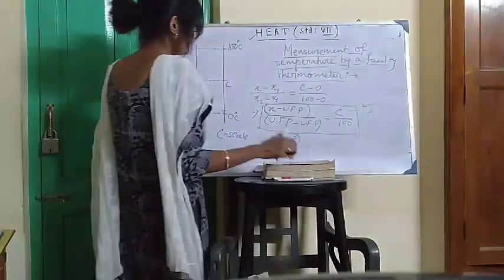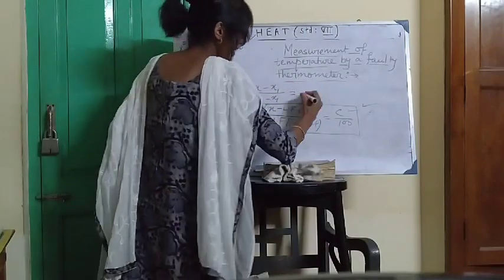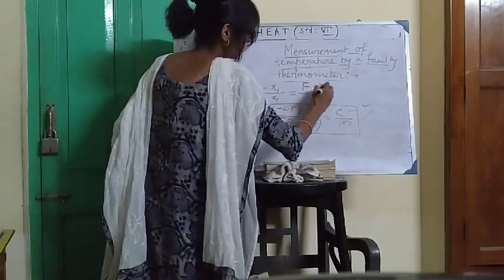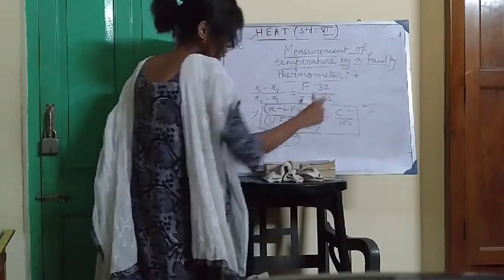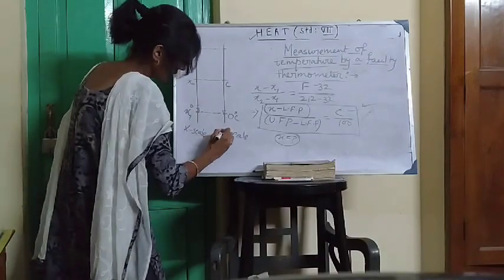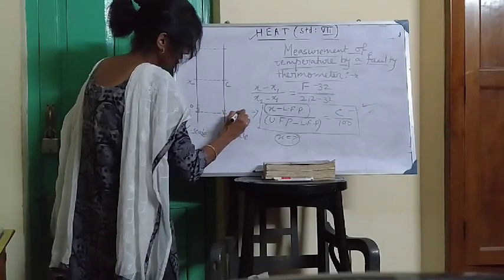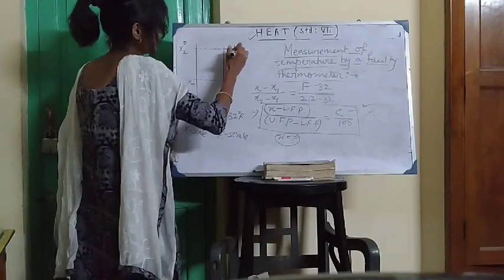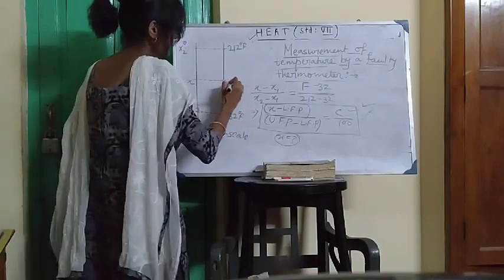If we use the Fahrenheit scale here, then this one will be F minus 32 divided by 212 minus 32. Why? Because in the Fahrenheit scale, the lower fixed point is 32 degree Fahrenheit, the upper fixed point is 212 degree Fahrenheit, and the unknown temperature is F degree.